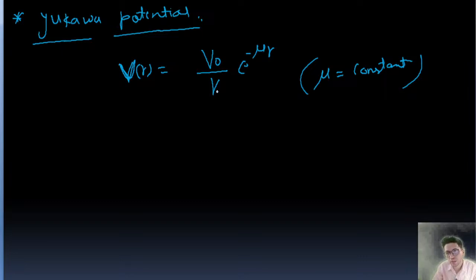Here V naught and mu are constants. So mu equals a constant. This is the Yukawa potential, guys, in this form: V(r) is equal to V naught upon r e to the power minus mu r, where mu is the constant. So this is the Yukawa potential, guys.